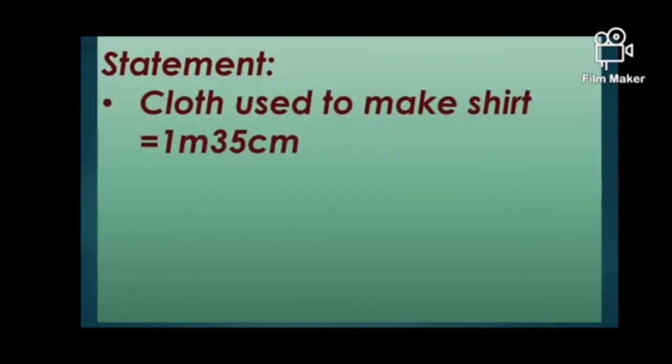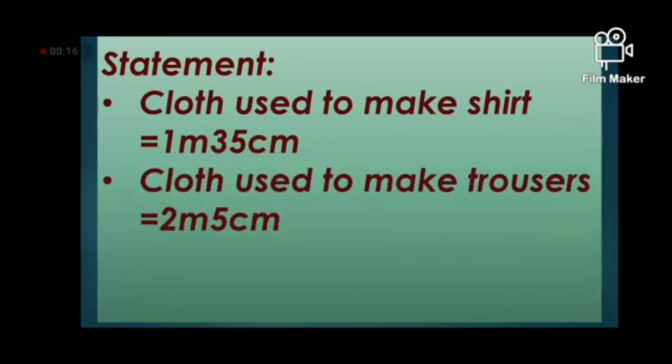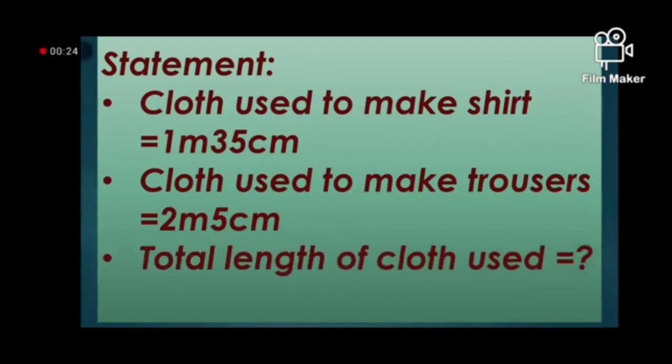To solve the word problem, our first step is statements. The first statement is cloth used to make shirt is 1 meter 35 centimeter. Cloth used to make trousers is equal to 2 meter and 5 centimeter, and we have to find the total length of cloth used.